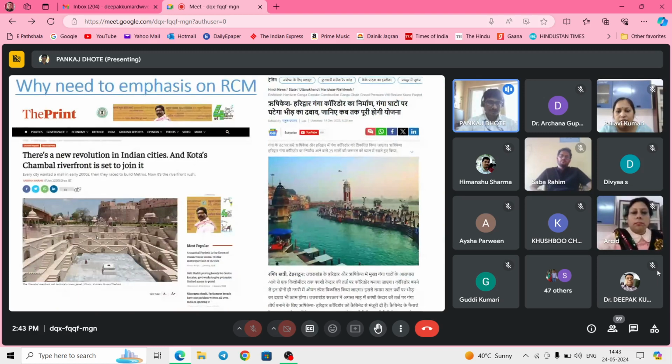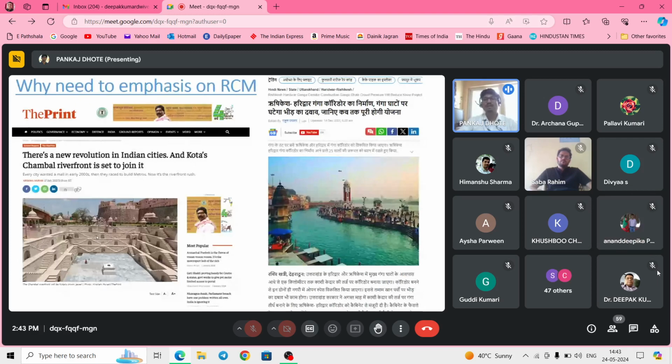So why do we need this? As I said before, it reduces the load on the unlined banks of the river, which indirectly impacts heavily the overall life of the river and the water quality. To address this we do need such kind of riverfront management. To do this, again there is a requirement of what we just talked about.